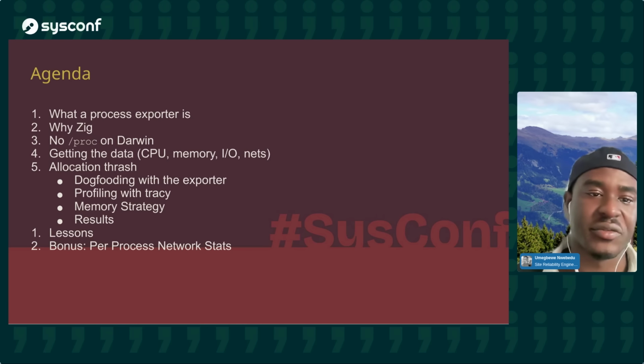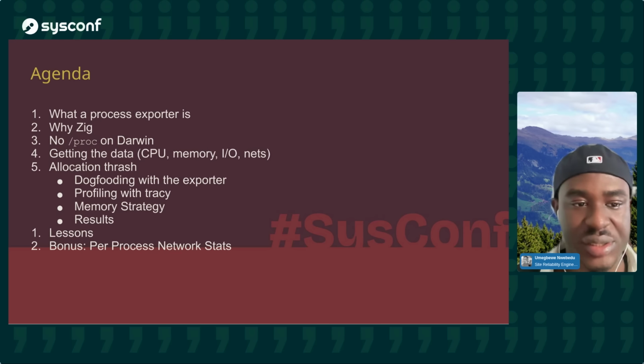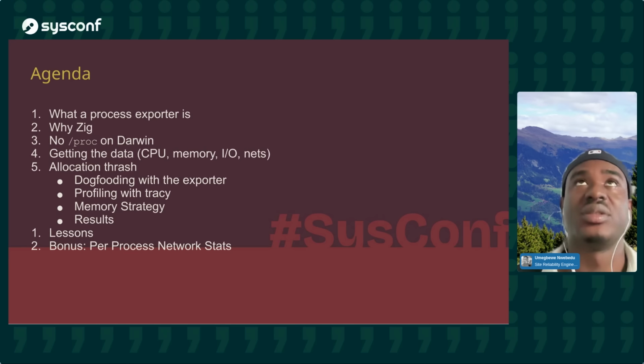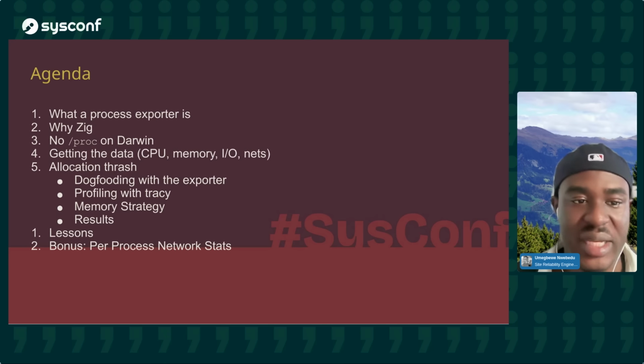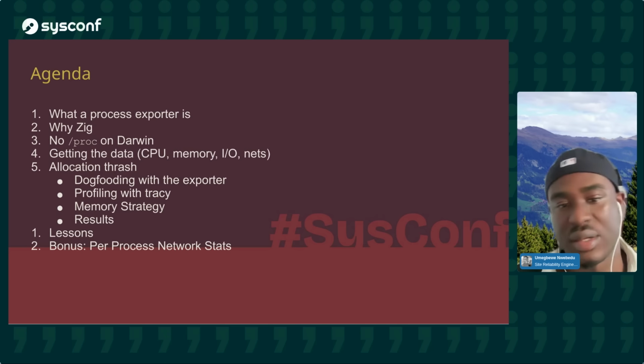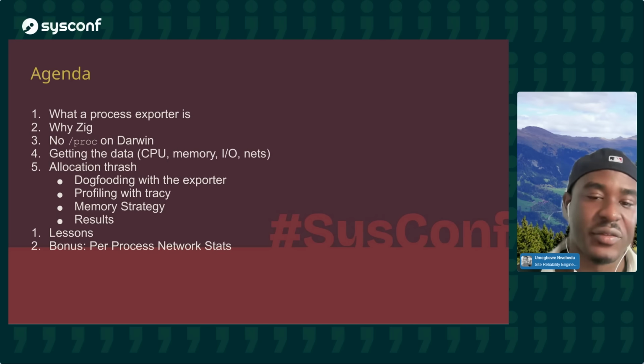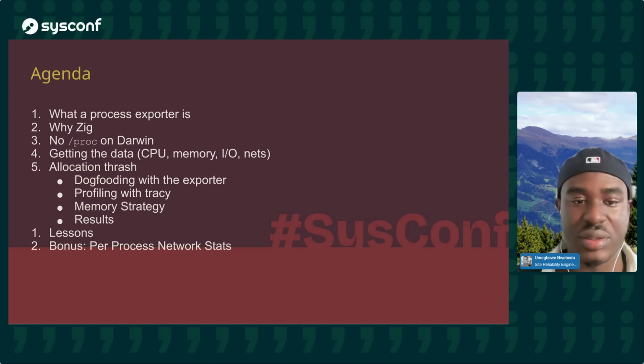We'll talk about the problems we faced, like the allocation thrash, and how we dogfooded the exporter to detect the allocation thrash. We'll talk about profiling with Tracy, and the memory strategy that was adopted. We'll look at the results of implementing those fixes, and then we'll look at the lessons learned. And if time permits, we'll go into per process network stats on macOS.